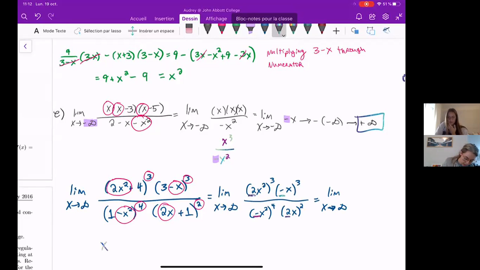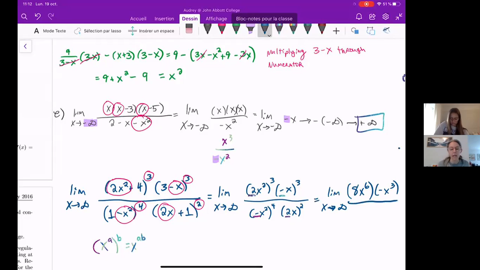So my first question is x to the power of a to the power of b. Am I adding a and b or multiplying them? Multiplying. I'm multiplying them. So this is like x to the a times b, which means that up here, 2 cubed is 8. So this is 8x to the 6. That negative stays because a negative 1 cubed is still negative.